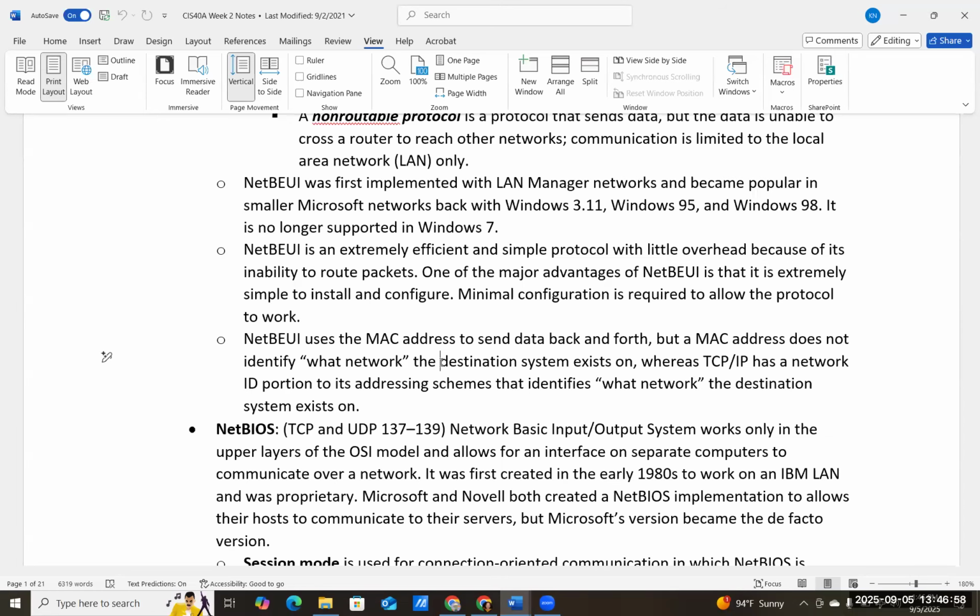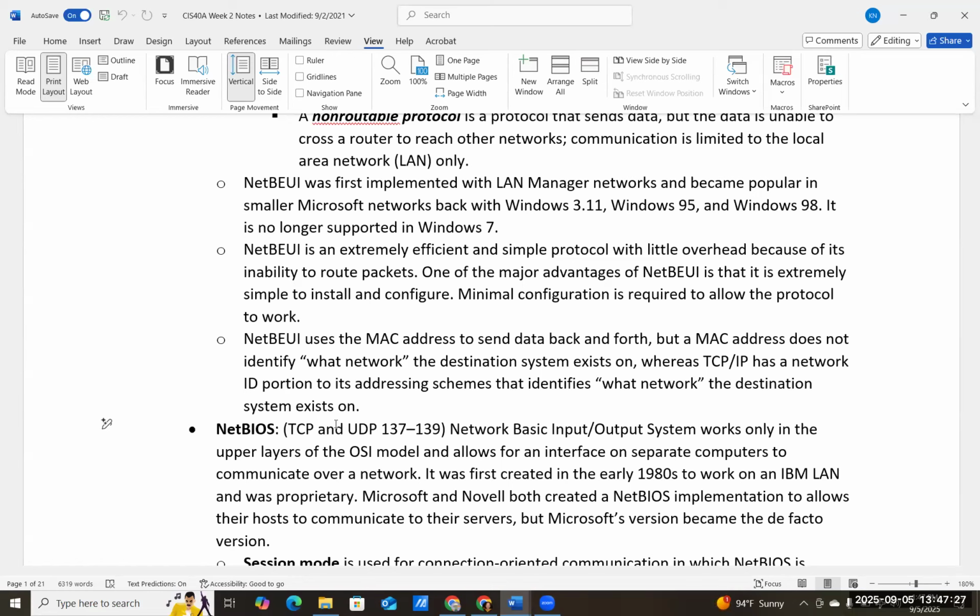And then for NetBIOS, you would see that these protocols fall into two categories, right? Either they are TCP or they're UDP: Transmission Control Protocol or User Datagram Protocol. I talked briefly about User Datagram Protocol last week, where it's like when you're receiving a package, they just leave it at your door.